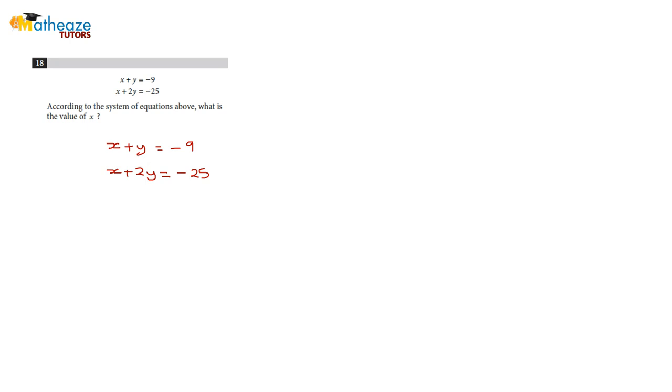Actually, let's use substitution here. We're going to find the value of y from the first equation. So y is going to be equal to negative 9 minus x. And then we're going to substitute that into the second equation.